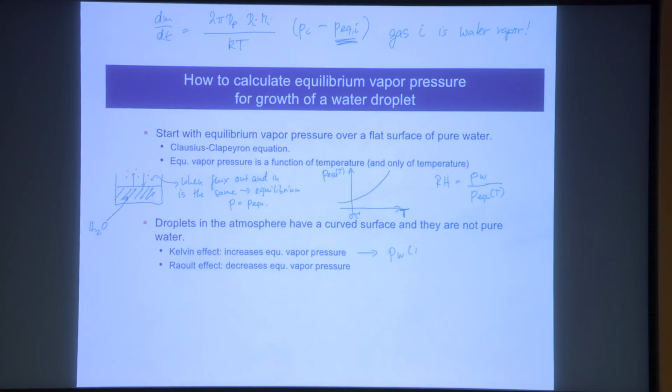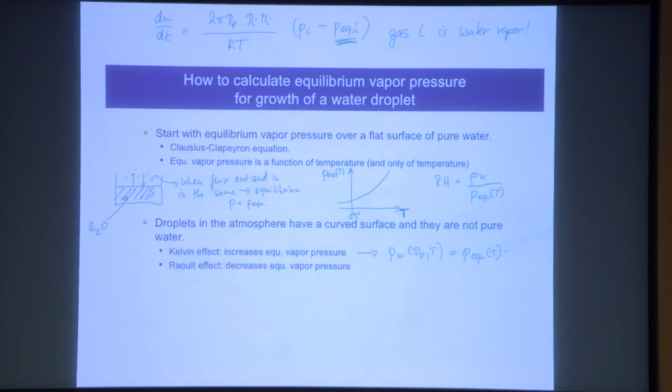Our PW is now a function of the droplet diameter, I should say droplet diameter and temperature. It's the equilibrium that we know from our Clausius-Clapeyron equation.